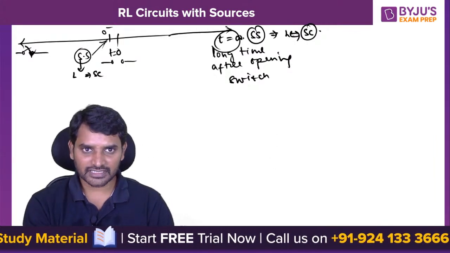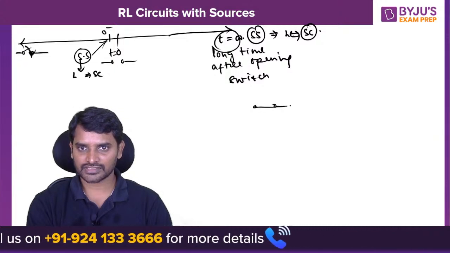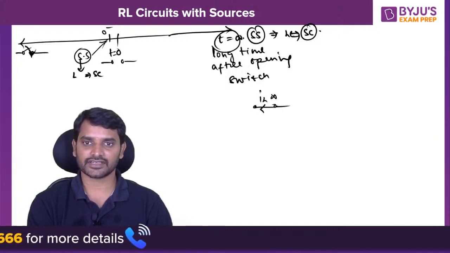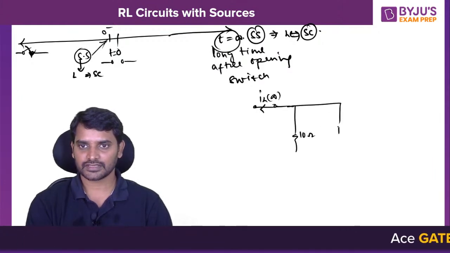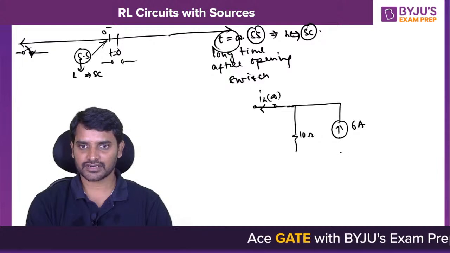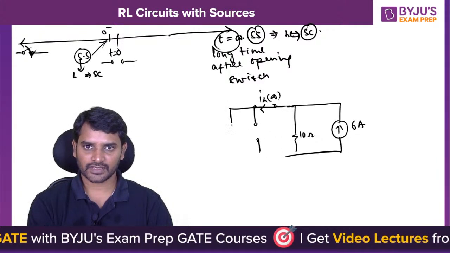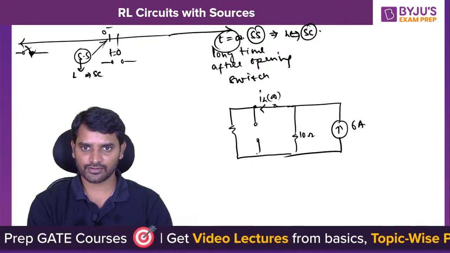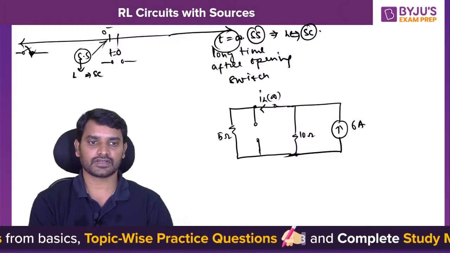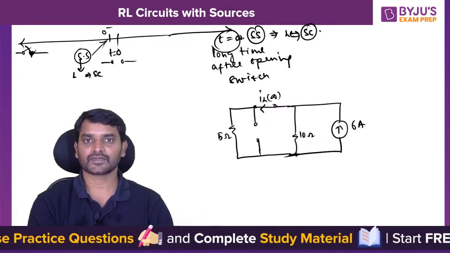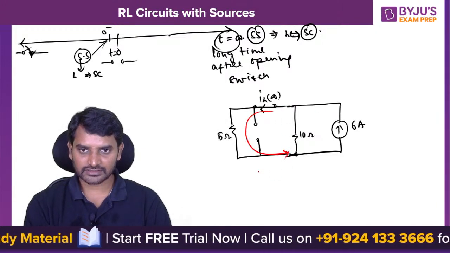Now see, after opening the switch, this will be IL of infinity. Here I have got a 10 ohm resistor, here I have got a 6 ampere current source. Now I am opening the switch here, and this side we have a 5 ohm resistor. Now I want the current flowing through this path.